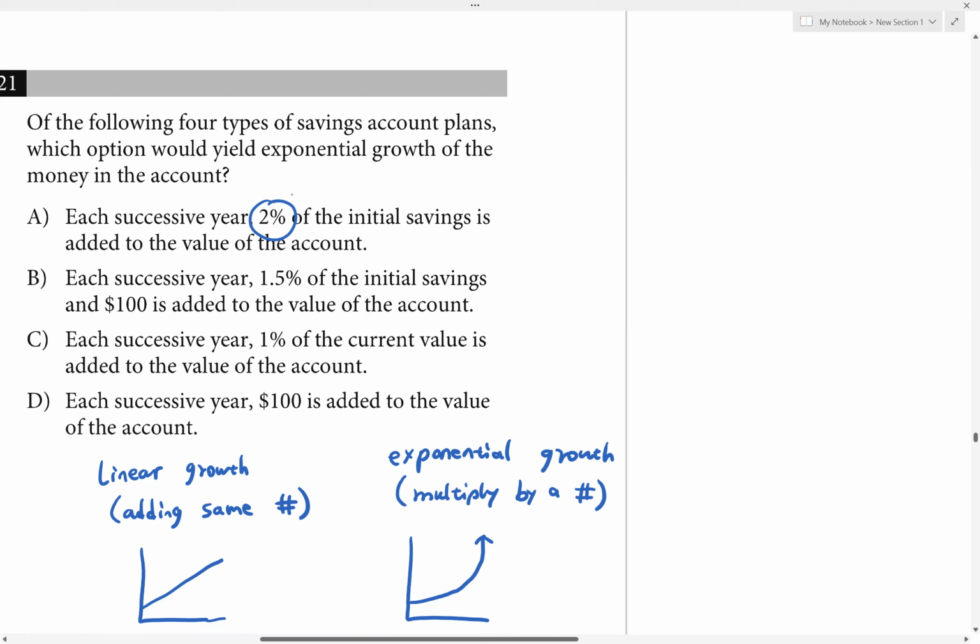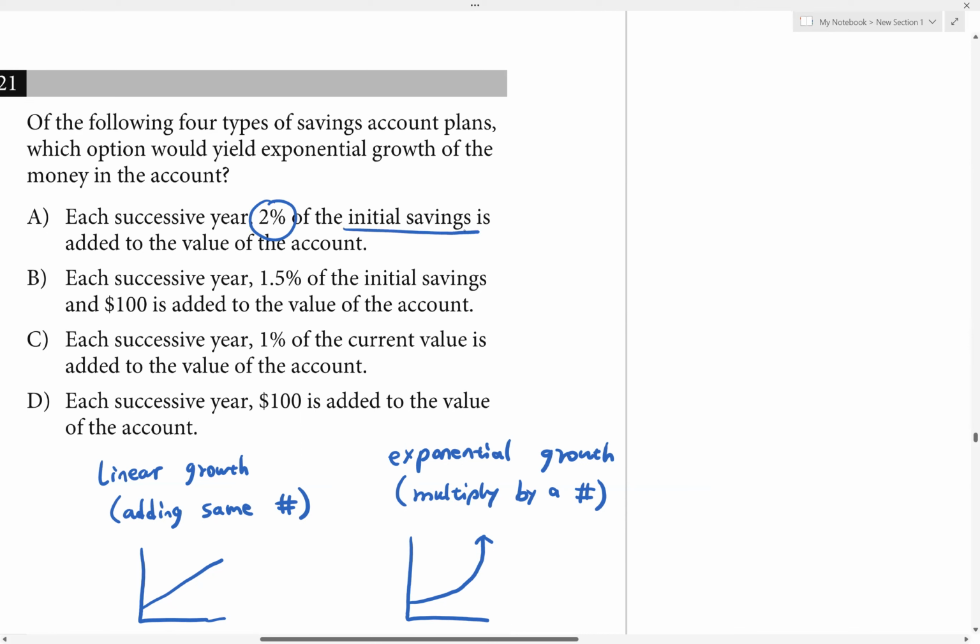We actually multiply by 1.02 because it's a 2% increase from the original 100%, like 1 plus 0.02. But this is actually not the answer, because it's not 2% of all the money in the account.